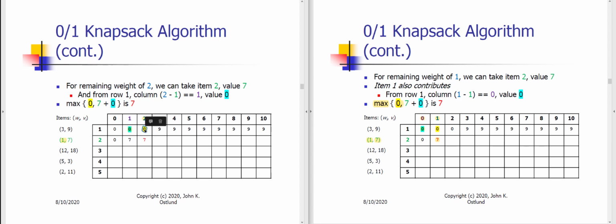Okay, so either this 0 or this 7 plus this 0. And of course that's 7, just like it was for having 1 unit of available remaining space. Continuing on.